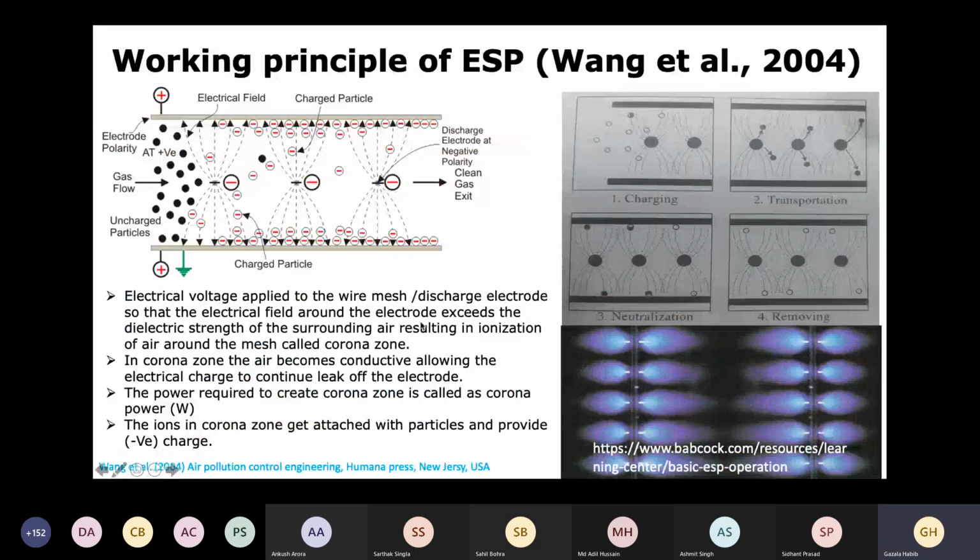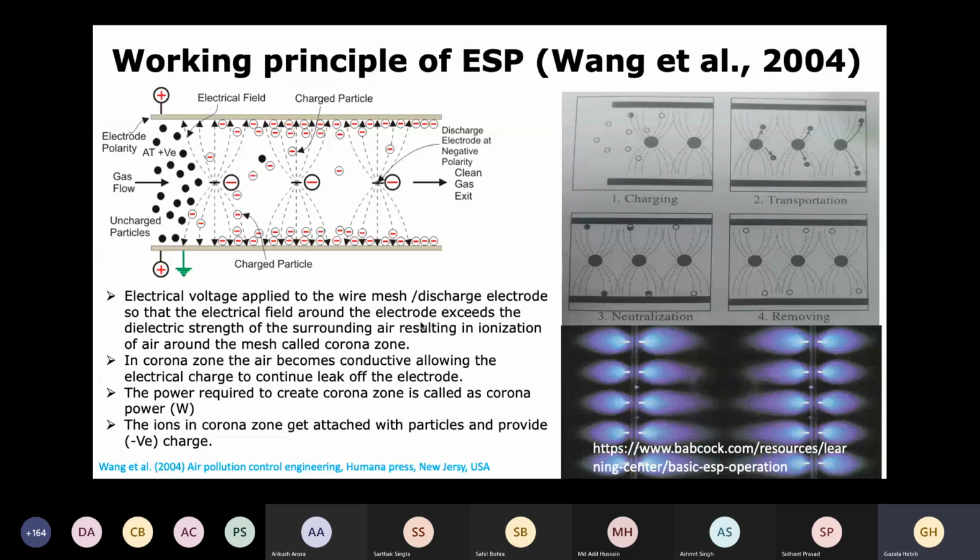After the ionization of the gas molecules around the wire mesh or discharging electrode, the particles which are passing through this zone get charged through two kinds of mechanism. The first mechanism, which is dominant, is field charging, and the second mechanism is diffusion charging.